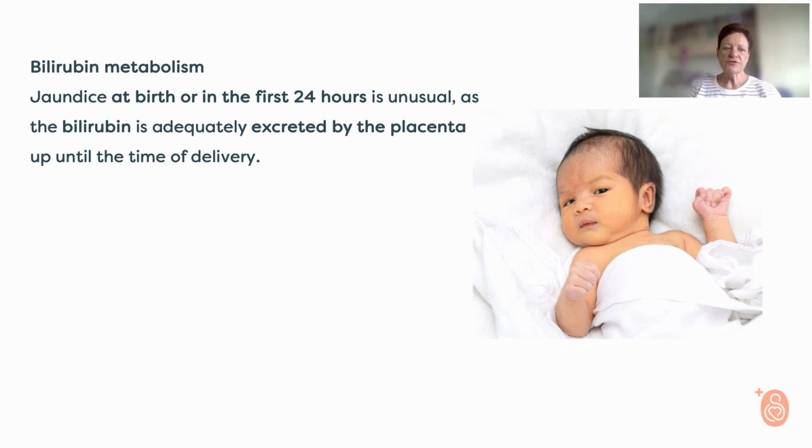So jaundice is not supposed to happen during pregnancy. If the baby is born with jaundice, it's usually in the case of Rh negativity or other conditions that cause jaundice in the baby, and that, as I've said, is abnormal.